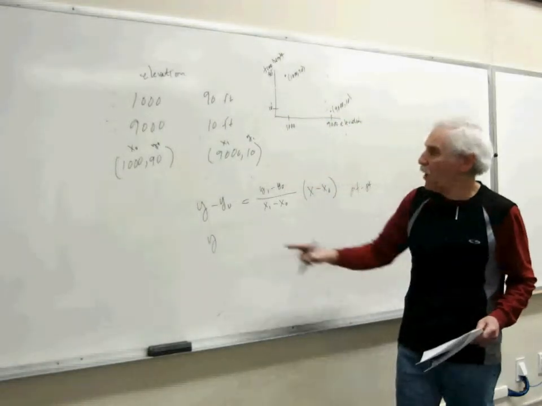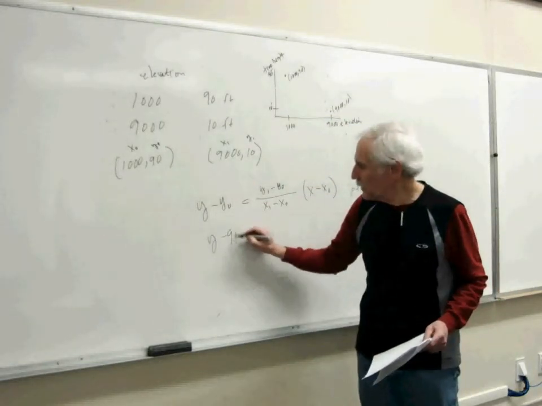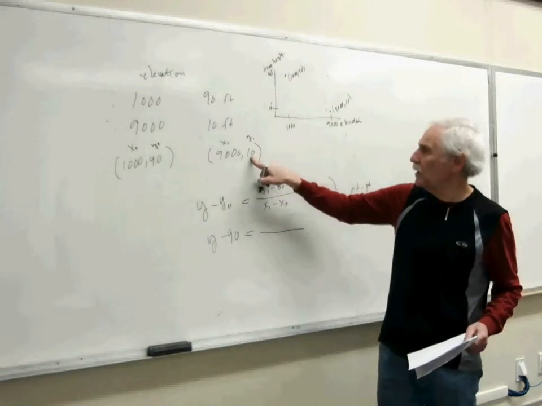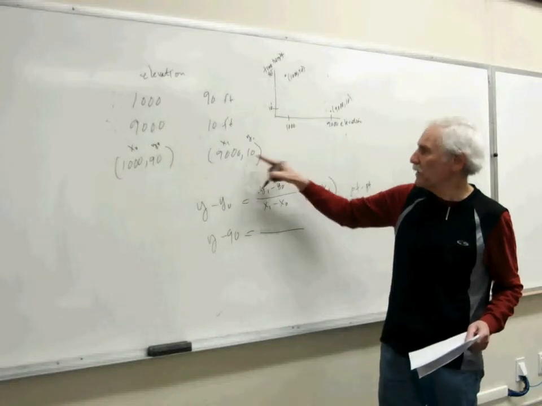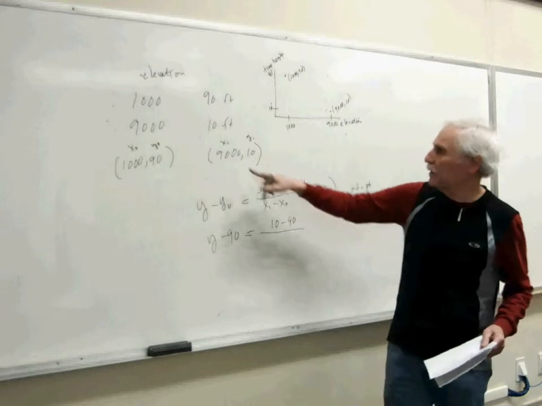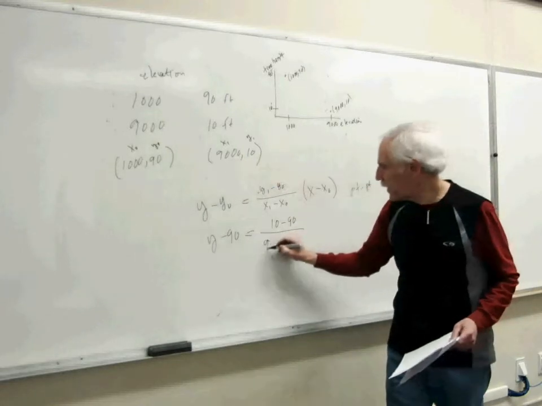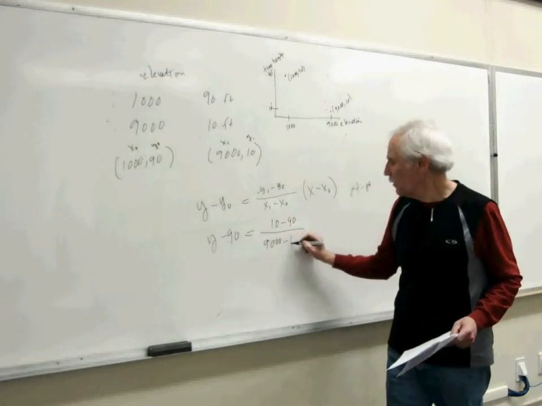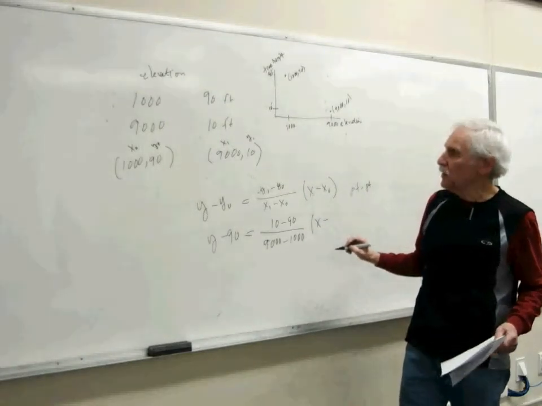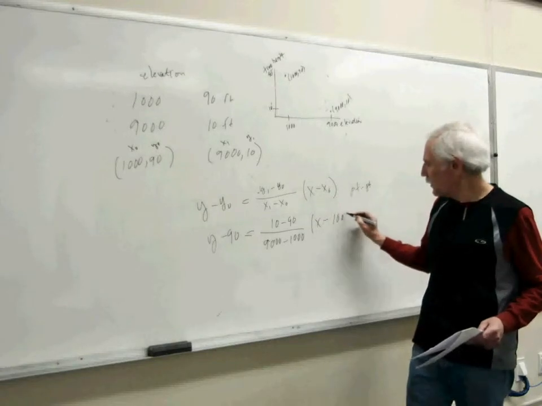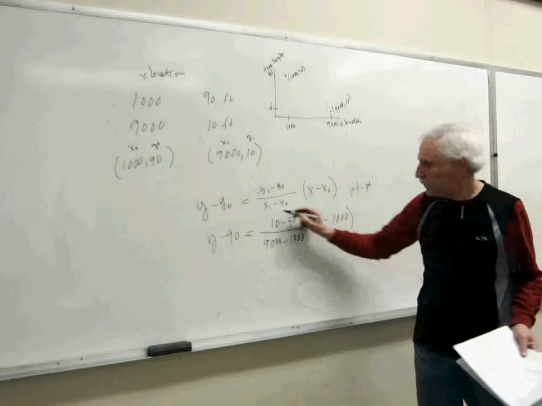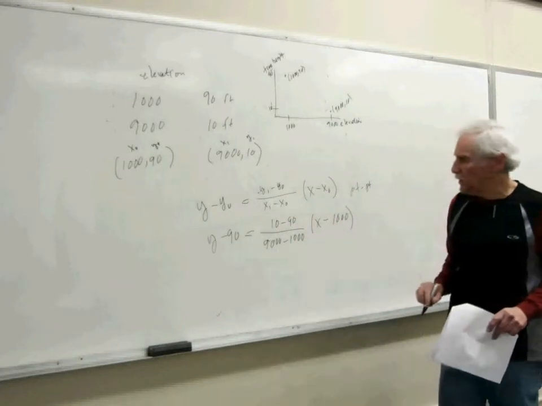So y minus y0 is y minus 90 equals y1 minus y0, well, that's 10 minus 90, divided by x1 minus x0, well, that's 9,000 minus 1,000, and x minus x0, well, that's x minus 1,000. Now the only thing we really have to do is reduce this to a nice number.